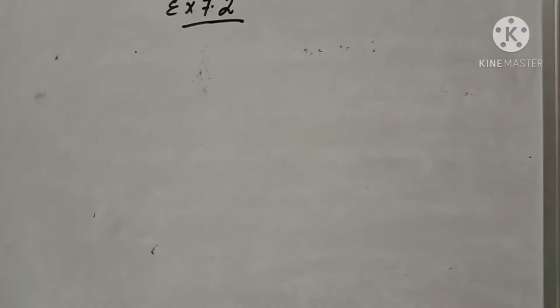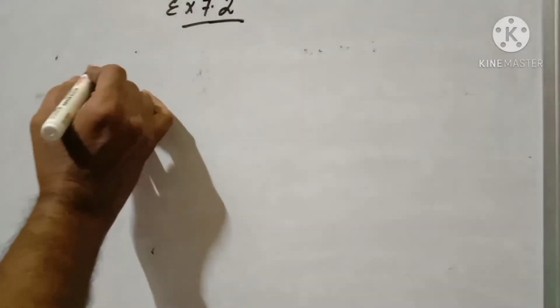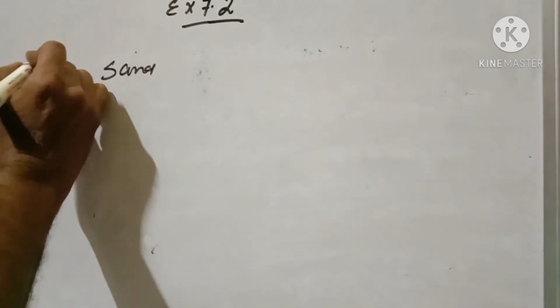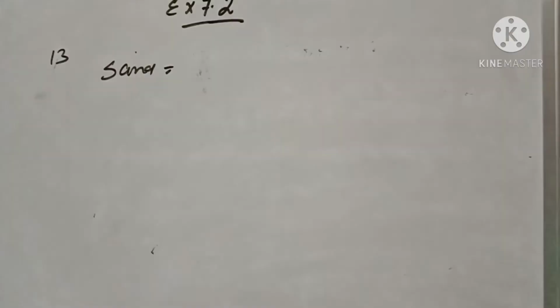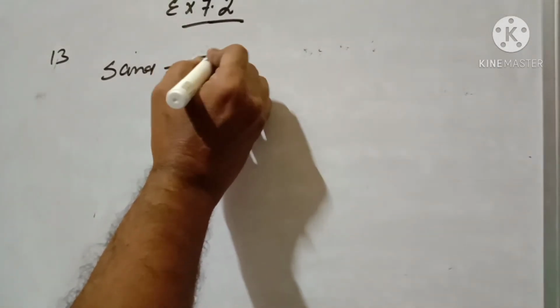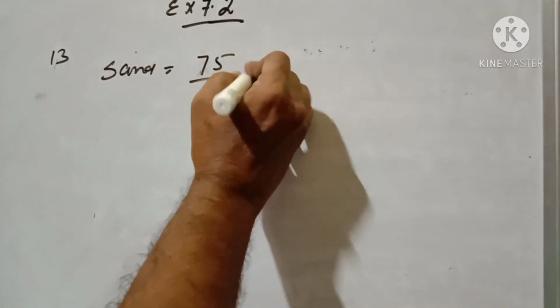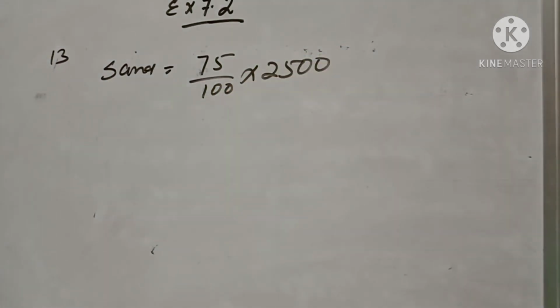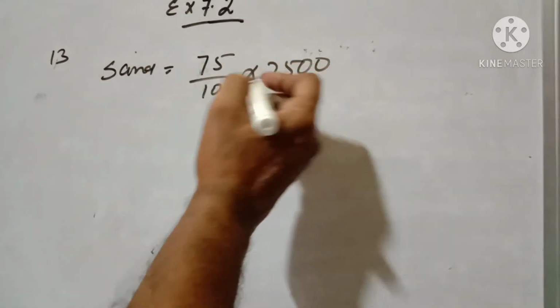Now the amount of sand. Sand we have to find out. Now sand equal to what? 75% means 75 by 100, and that is 2500.